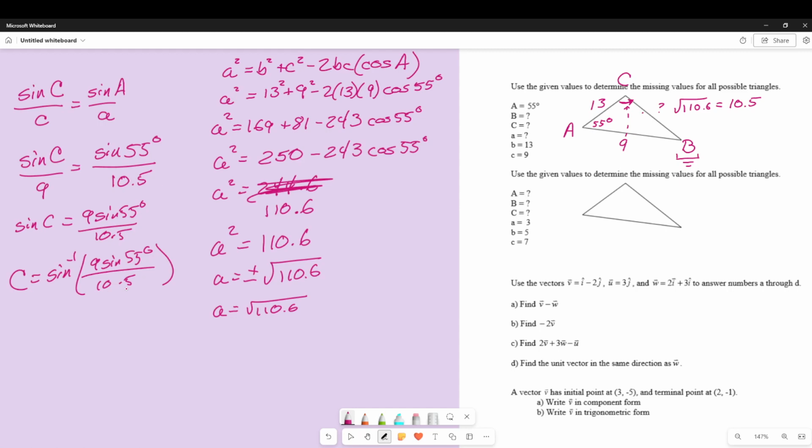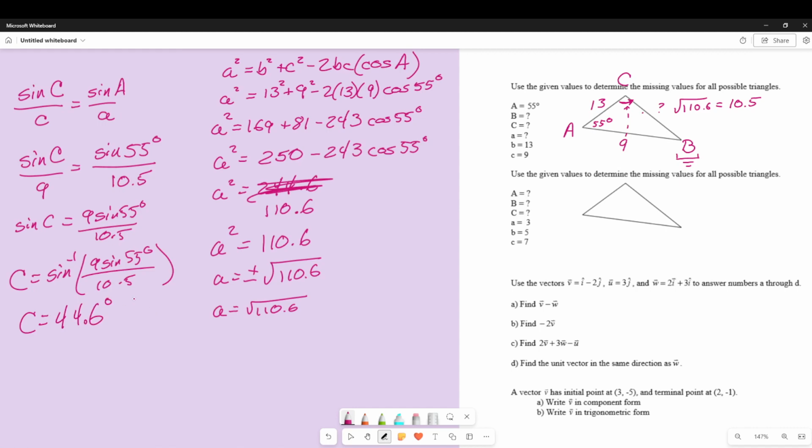So, sine inverse of 9 times the sine of 55 degrees, I am still in degree mode, so that's nice, divided by 10.5 is going to give us a 44.6 degree angle.